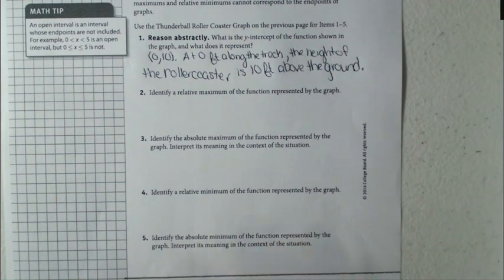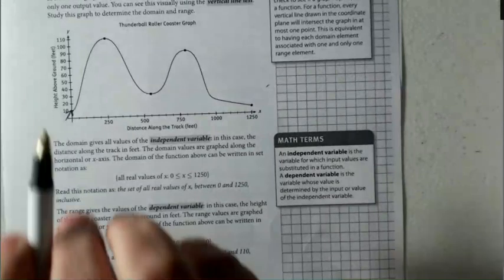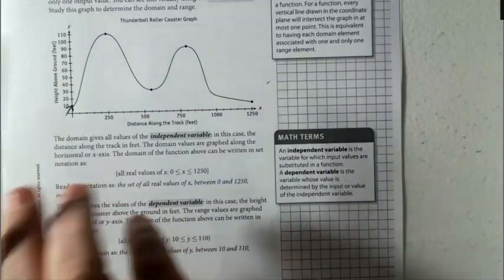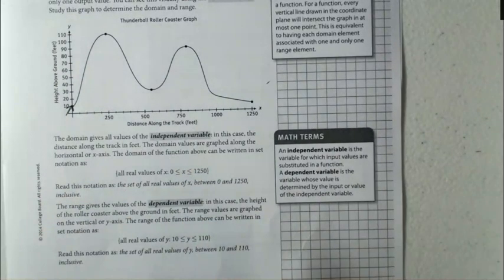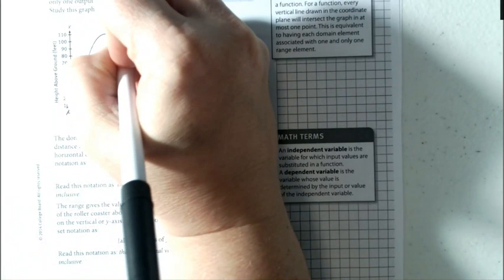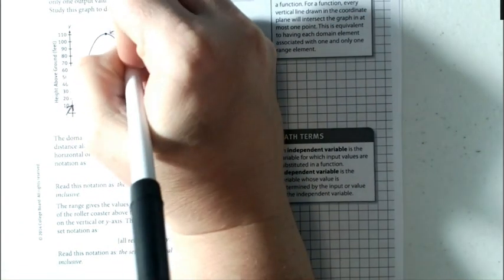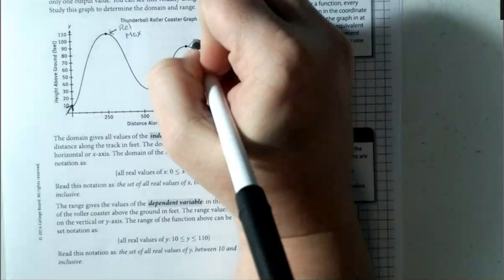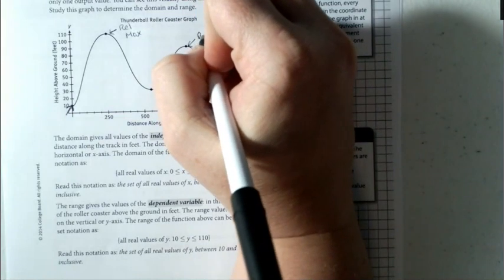Let's take a look at 2. Identify a relative maximum for the function represented by the graph. Now, relative maximum means a maximum over a certain domain, which means that it can't be our endpoints. Well, we have 2 relative maximums. This right here is a relative max, and this right here is a relative max.